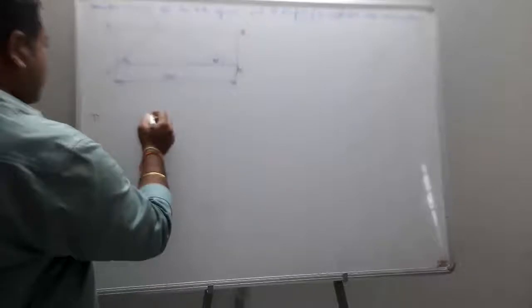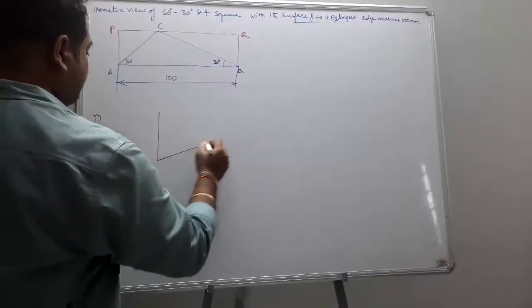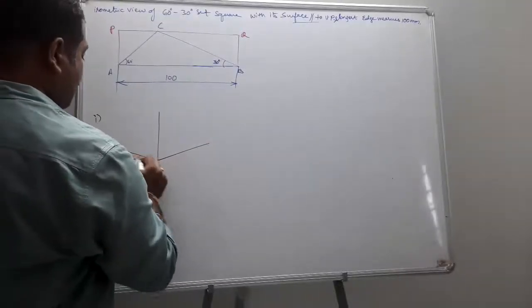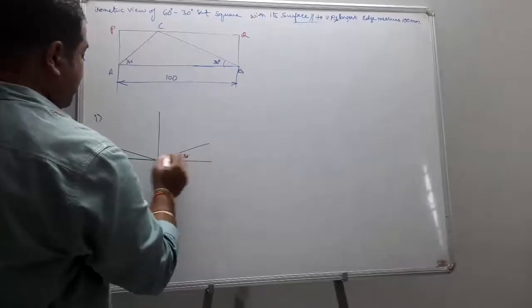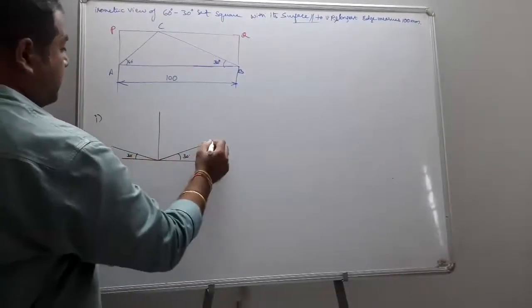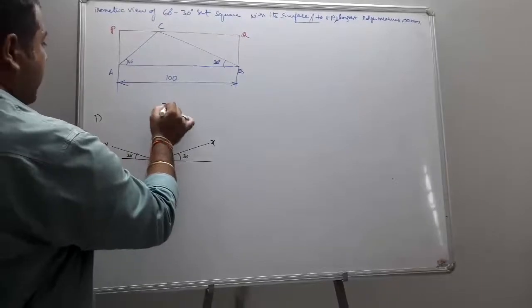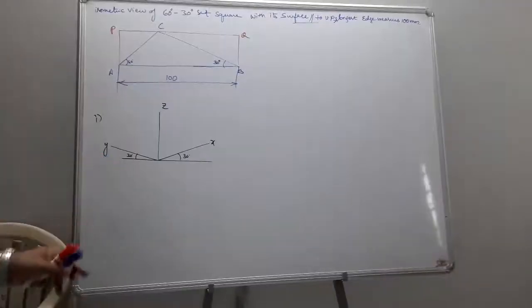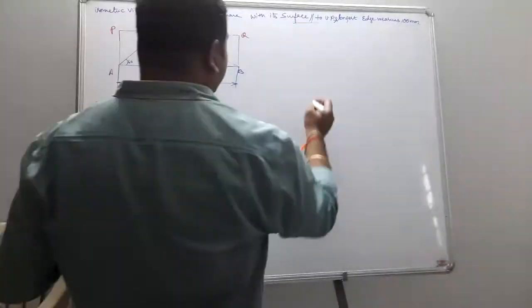So if the isometric axes are like this, 30, 30, X, Y and Z, I just consider my YZ axis. YZ is going to be my axis.